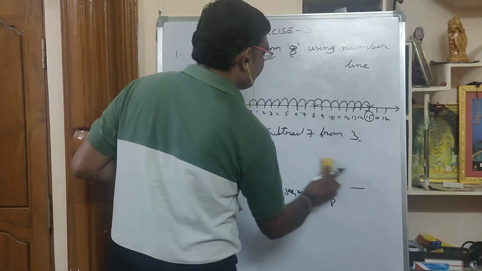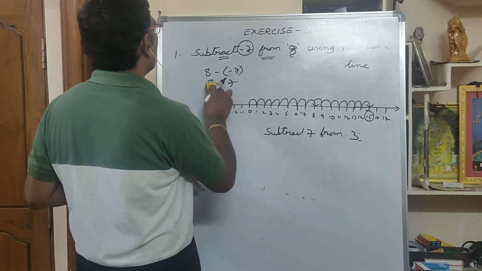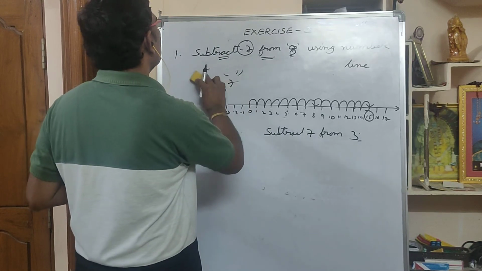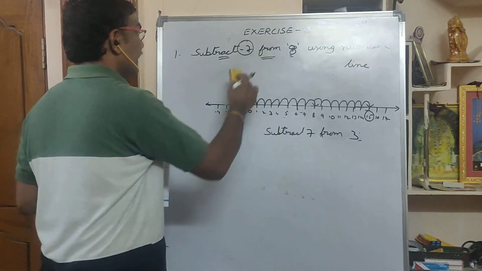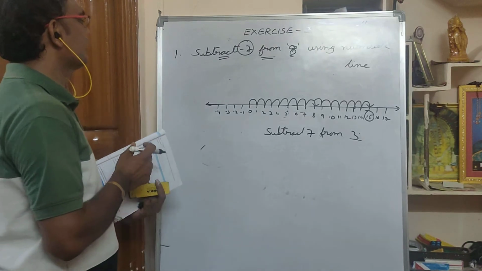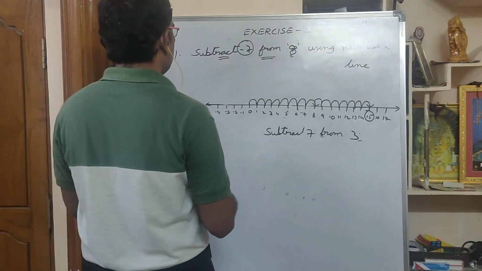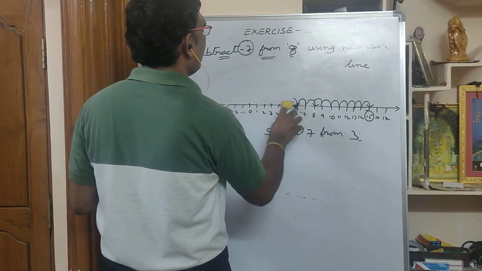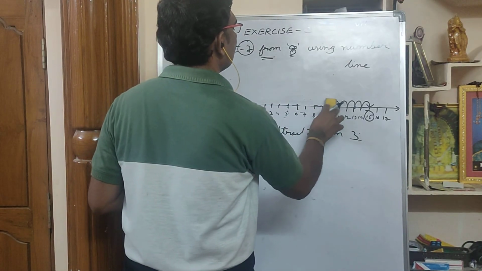Subtract minus 7 from 8. See here, minus 7. Where is minus 7? See it. On the number line, represent minus 7 first.